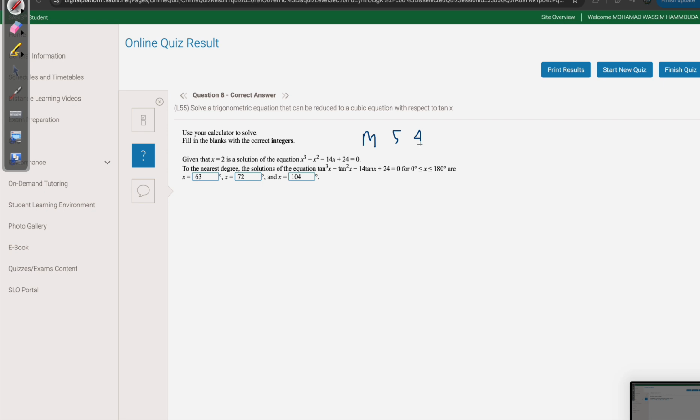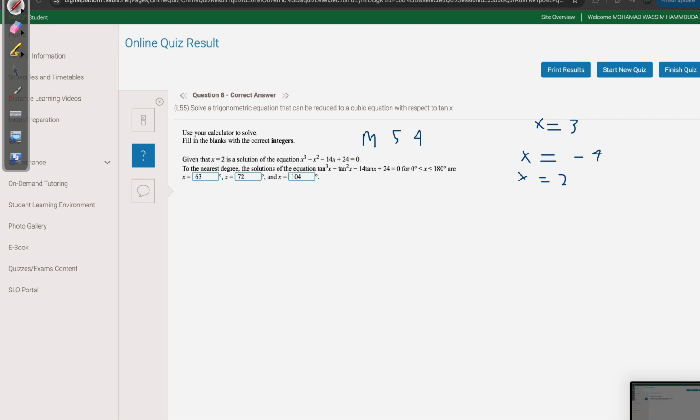We're going to put x cubed minus x squared minus 14x plus 24 is equal to 0. That will give us 3 solutions, right? We're going to get x is equal to 3, x is equal to negative 4, x is equal to 2.